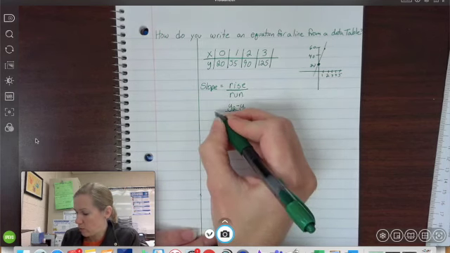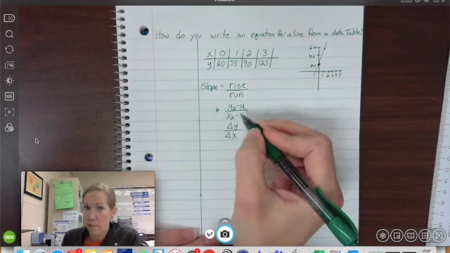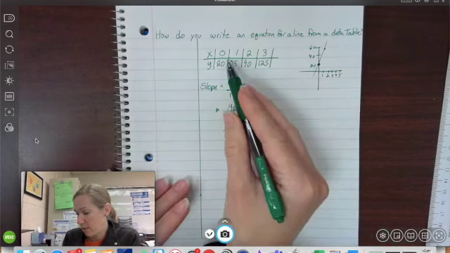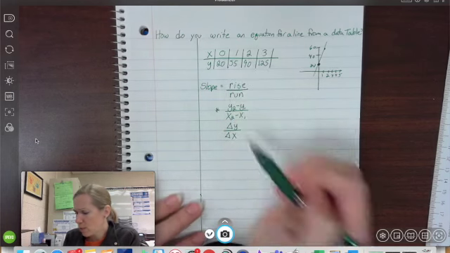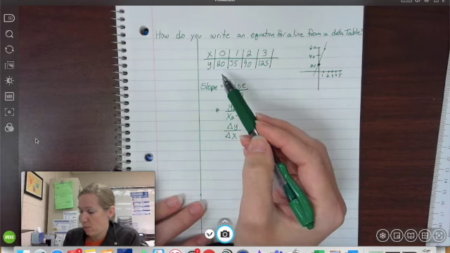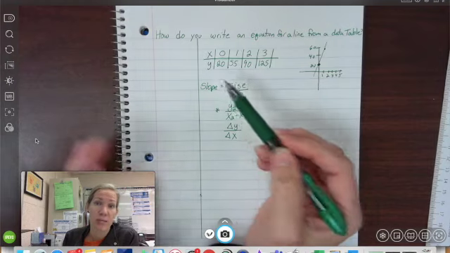So I'm just going to put a little star next to it. This works if we have 2 ordered pairs or if you have a table, because here are some ordered pairs. And we're just going to choose 2 points from this table. I like to choose ones with the smallest numbers because smaller numbers are easier to work with.